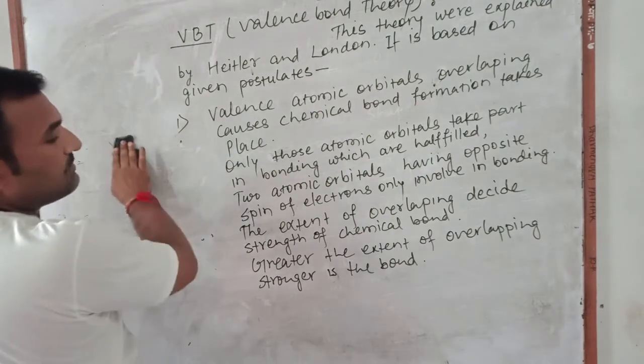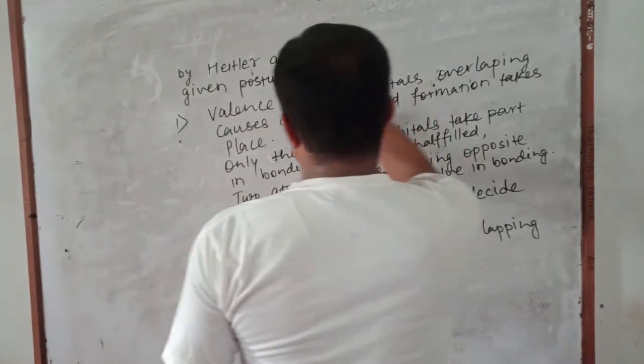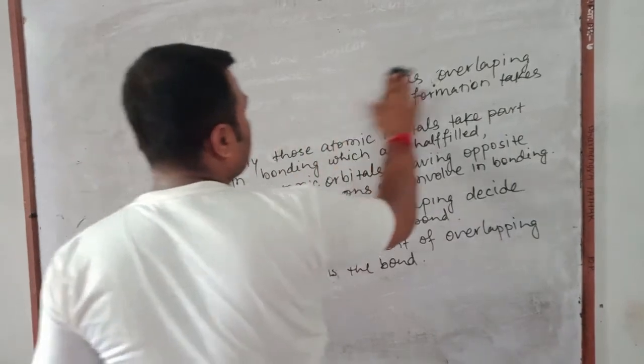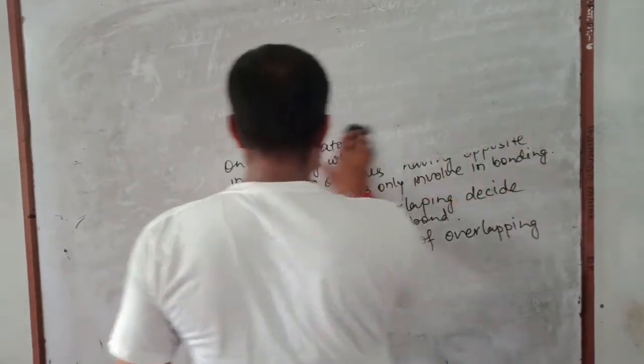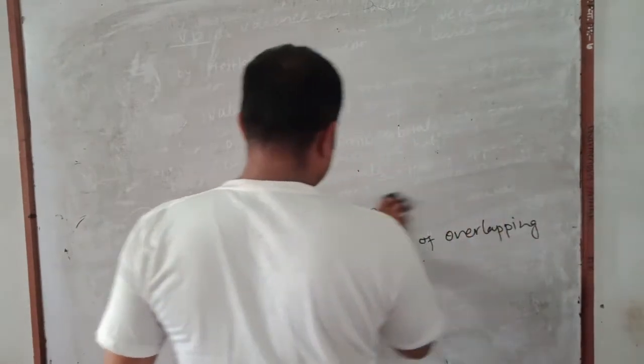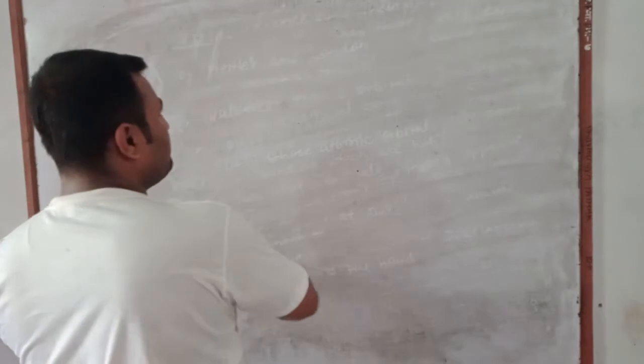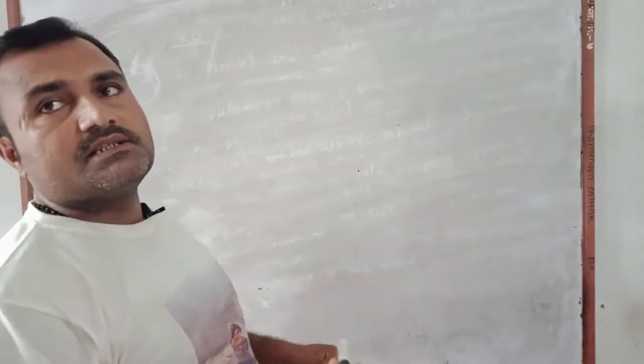And now we discuss the formation of sigma and pi bonds. In any compound, when there is overlapping between s atomic orbitals, sp atomic orbitals or pp atomic orbitals, which type of bonds are formed?